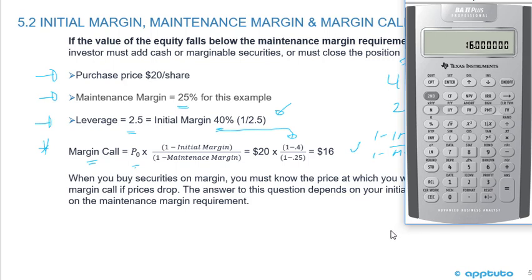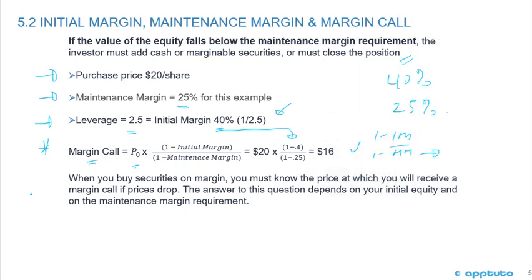So questions asking at what price I would receive a margin call are fairly easy. It's the price times 1 minus the initial divided by 1 minus the maintenance, and the numerator is going to have the larger number than the denominator, okay? When you buy securities on margin, you must know the price at which you will receive a margin call if the price drops. The answer depends on your initial equity and on the maintenance margin requirement.